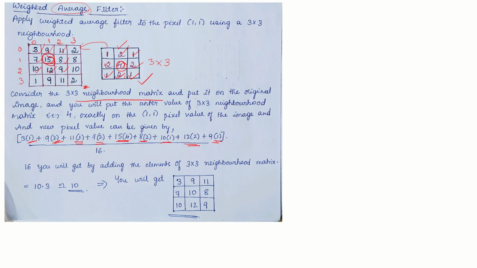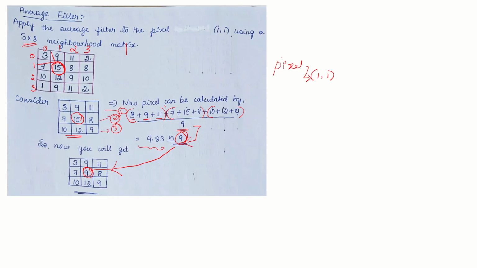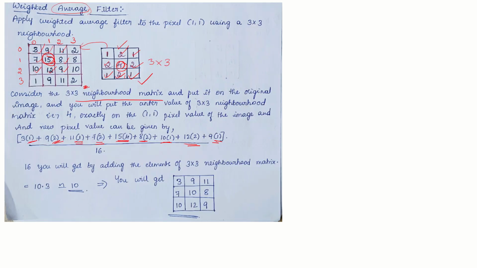Average in the sense, what was the thing which we have solved before? Here we have considered the number of elements in this particular neighborhood matrix, and we have to replace that center pixel by the average value, isn't it? We have considered this much region with this as my center pixel. Later I have considered the sum divided by the number of elements, but here the name is changed.